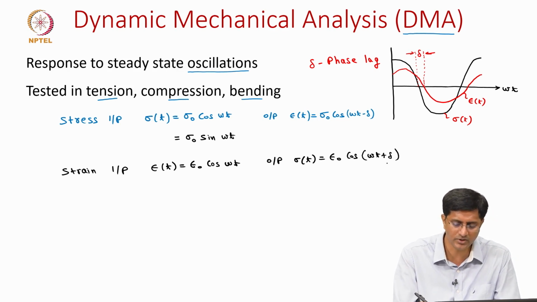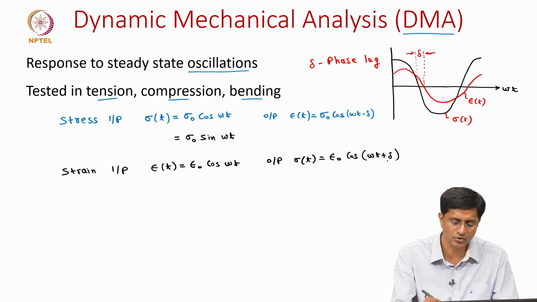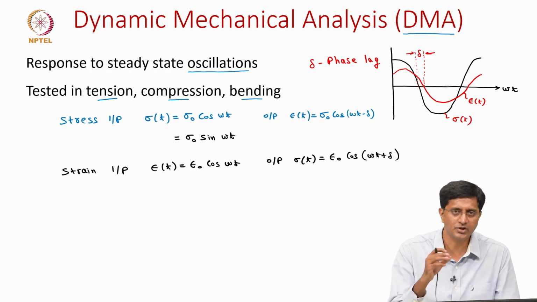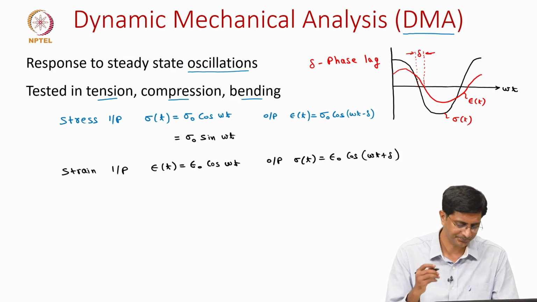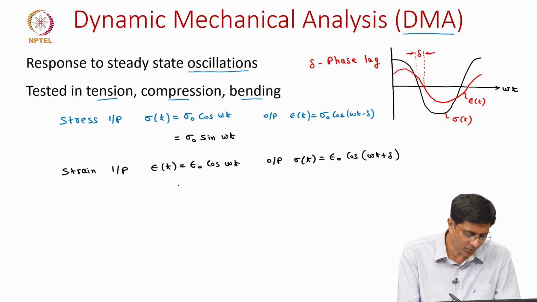Here too we are saying there is a shift and that shift is delta. To be consistent we are writing it as plus delta, meaning that instead of lagging it is ahead. The other possibility for the strain input is epsilon naught times sine omega t.